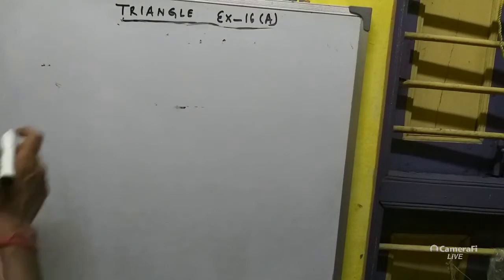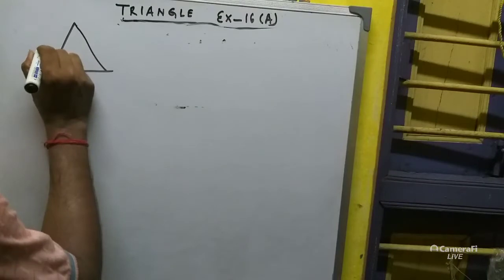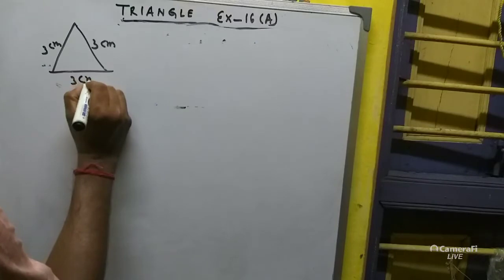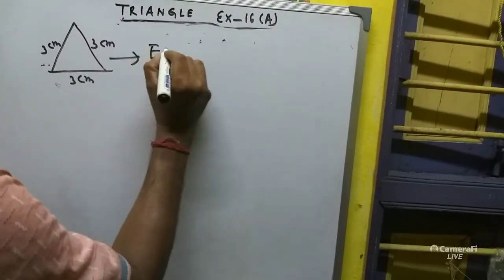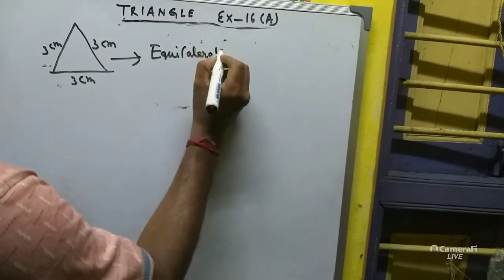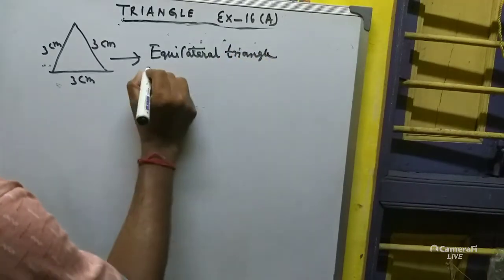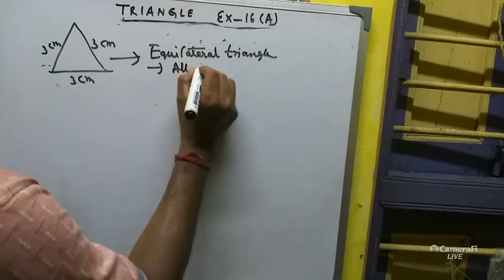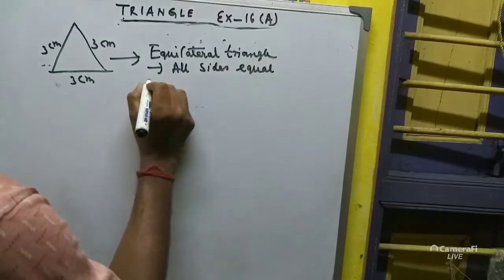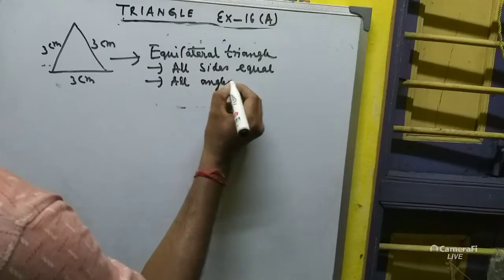Next one, three sides equal. This one is 3, 3, 3. All are 3 centimeter. So this is called an equilateral triangle. All sides equal, all angles equal.